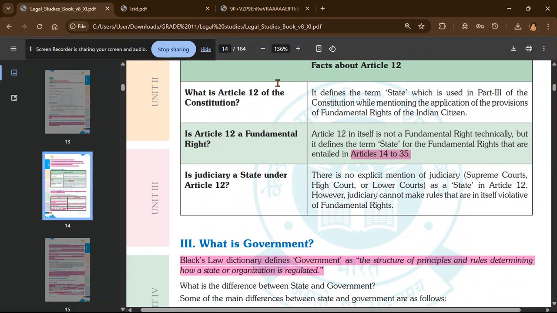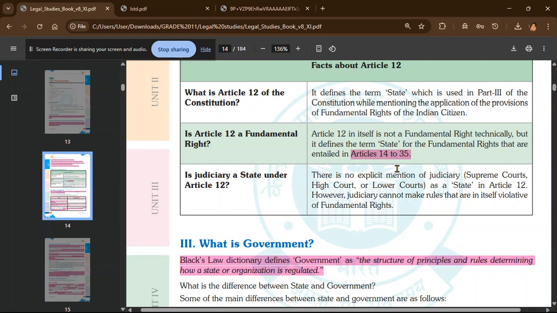Then we have, is the judiciary a state under Article 12? Before answering this, let me tell you briefly what judiciary is. Judiciary is that organ of the government which interprets the laws and adjudicates disputes.